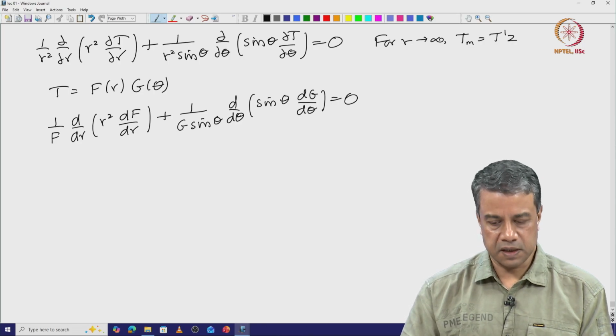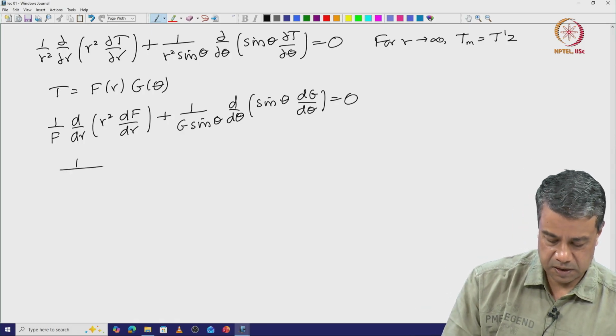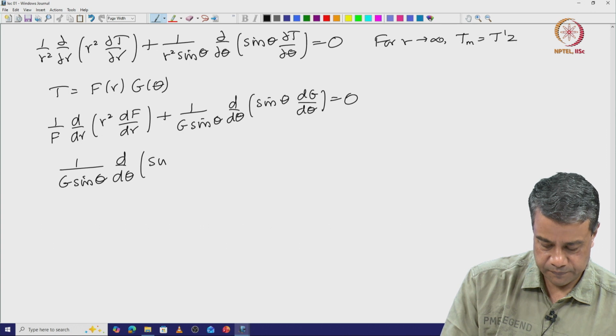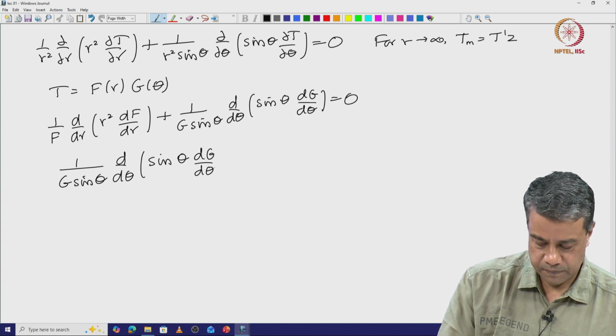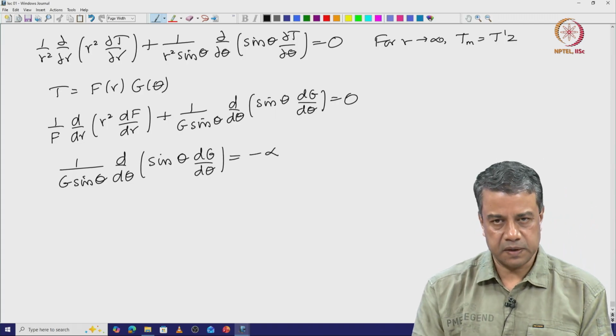Because the theta direction is the homogeneous direction, we expect that constant in the theta direction to be negative. It is equal to minus alpha, where alpha is a negative number.